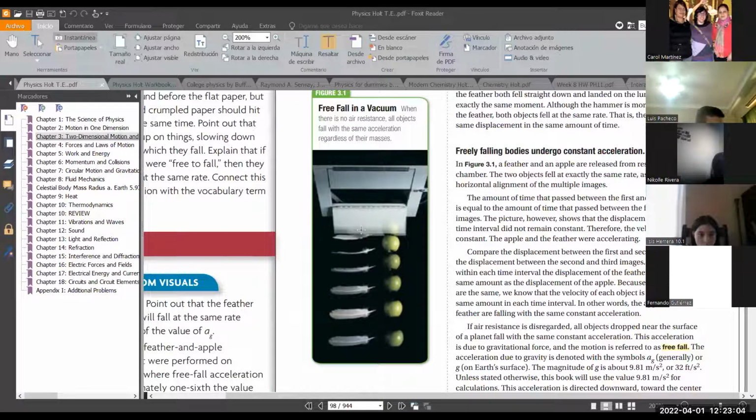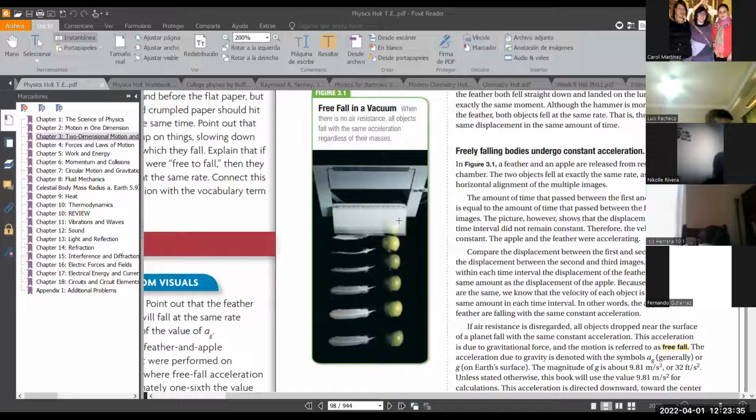The two objects are falling down at the same time, and the picture captures the leaf and the apple next to each other. The apple is a lot more massive than the leaf. It's heavier.